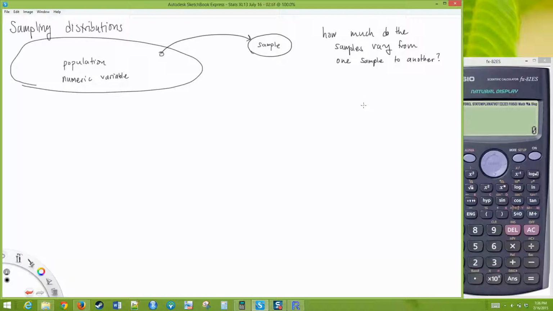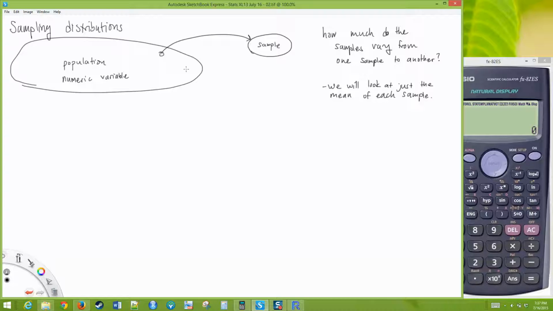So we're just going to study the mean of each sample that we look at. Now the question becomes, how much does the sample mean vary from one sample to another?